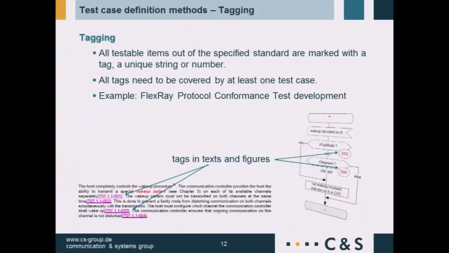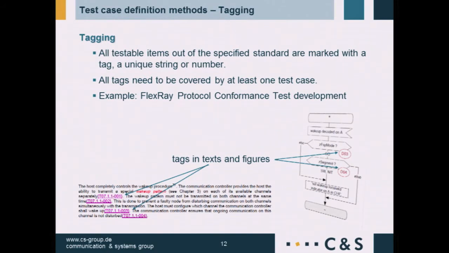So the first one is pretty basic: tagging. As the name says, it's no more than tagging all the testable items that we find in a standard. Here is an example from FlexRay protocol conformance test development.